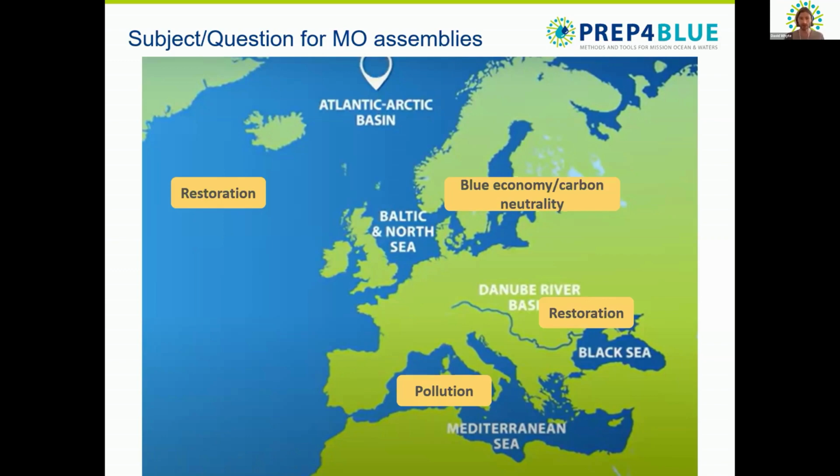The mission is aware of this itself: although there are focus objectives in each basin, that doesn't mean the others aren't important. So being aware of what the mission wants to achieve in different regions, but also of what populations and citizen participants might want to achieve, is very important.